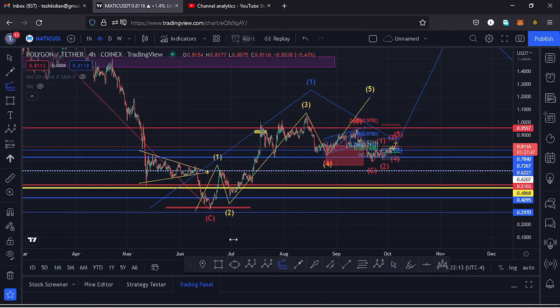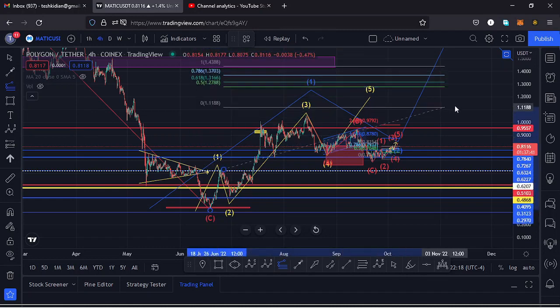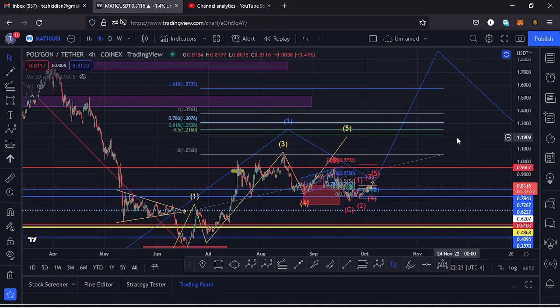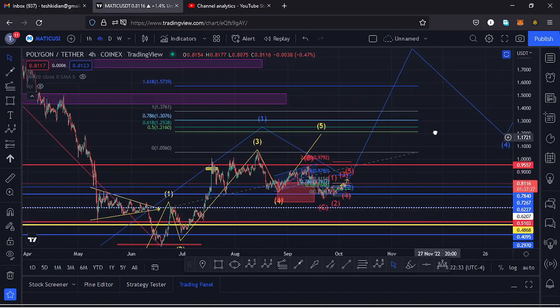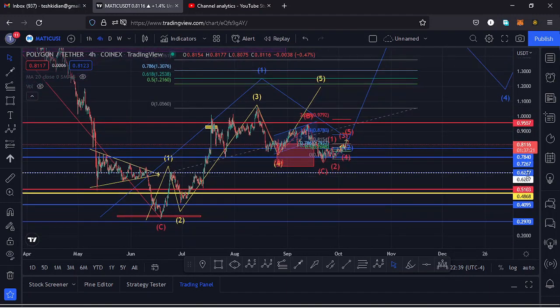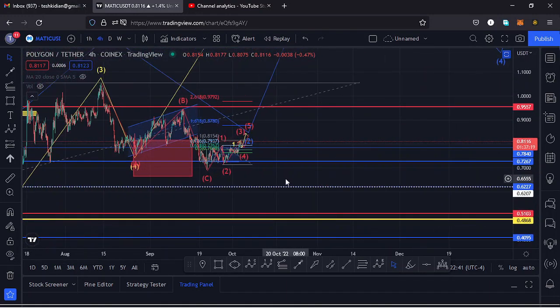So using the trend based Fibonacci, we can connect the fibs from the low of the wave 1 to the high of that wave 1, then drag the fibs to the high of that third wave to the upper side, and that gives me a minimum target area for that higher Elliott wave count 1 at the fib level 0.618, and that is at around the $1.2538 mark. That is the minimum that I would expect that higher Elliott wave to the upper side to do, and those are the key scenarios that I expect to play out here on the Polygon Matic chart.